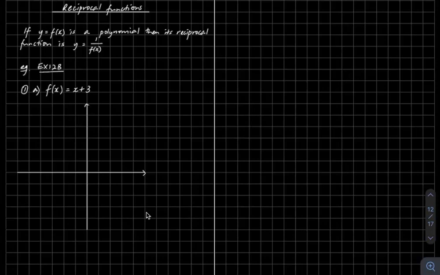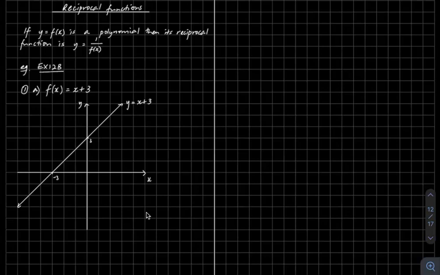Now x plus 3, so there's y, there's x. x plus 3 has a y-intercept of 3, its x-intercept would be -3, so it would be the function something like that there. So there's y equals x plus 3.